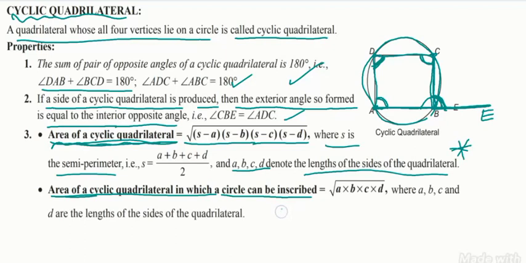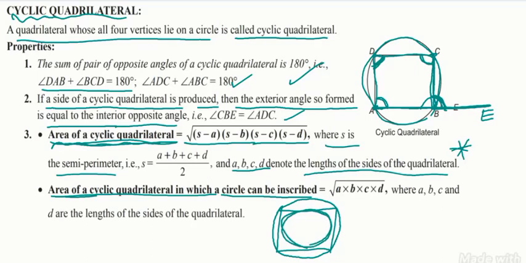Look here, this is the quadrilateral. It is called cyclic when a circle is passing through the vertices. So this is a cyclic quadrilateral. In this quadrilateral, again you have to insert a circle like this.